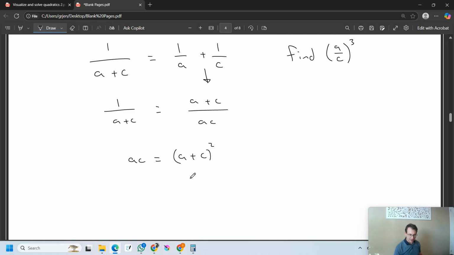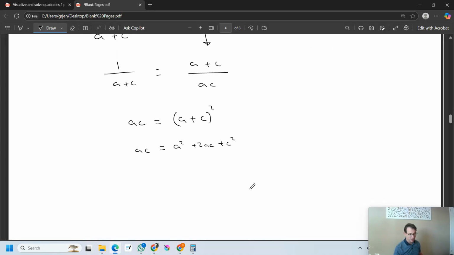Okay? And then we simplify A plus C squared to equal A squared plus 2AC plus C squared equals A plus C. Subtract AC from both sides, and we get 0 equals A squared plus AC plus C squared.